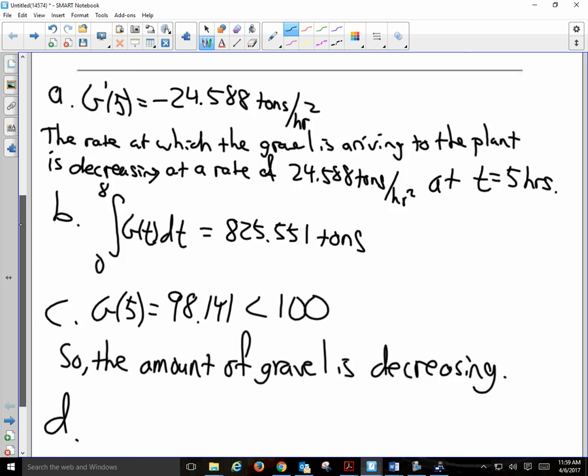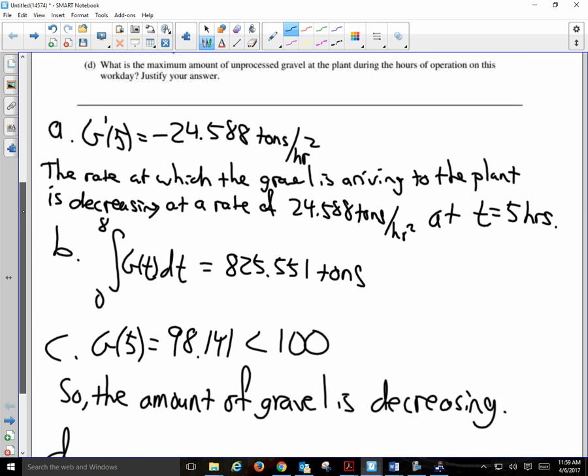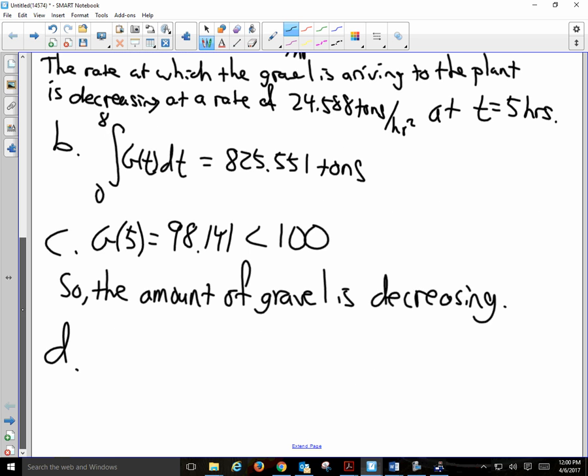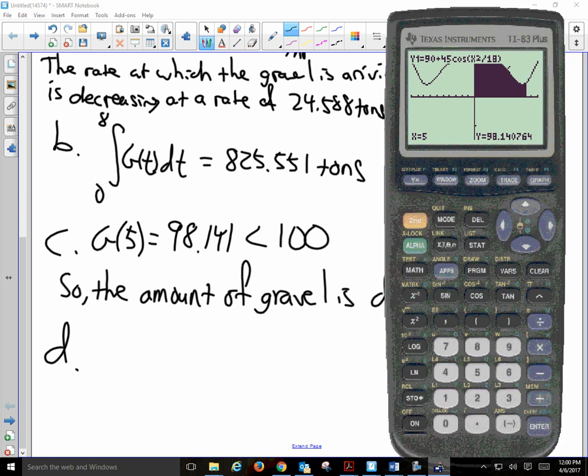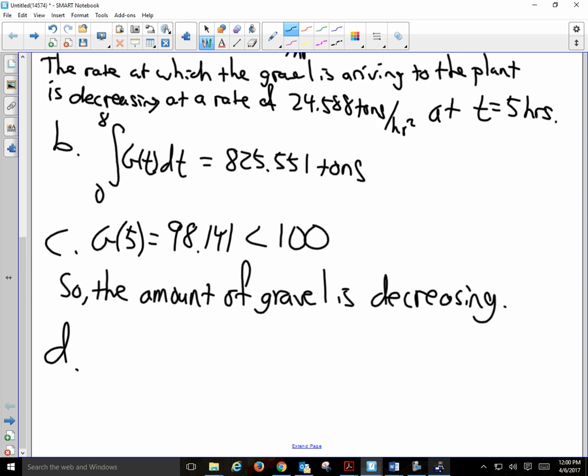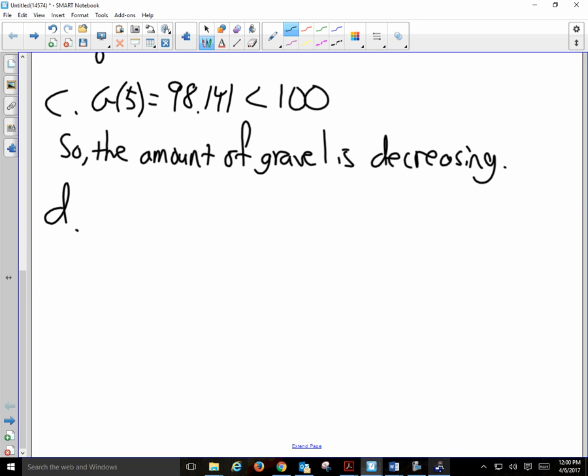Last part, D. What is the maximum amount of unprocessed gravel at the plant during the hours of operation this workday? This is a challenging problem. Okay, how about this?